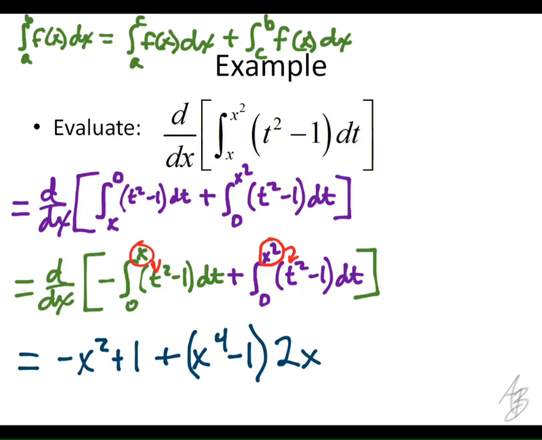And then it's just a matter of simplifying. There's nothing that will combine or simplify. We just need to write it in a more appropriate order. So that would be 2x to the fifth minus x squared minus 2x plus 1.